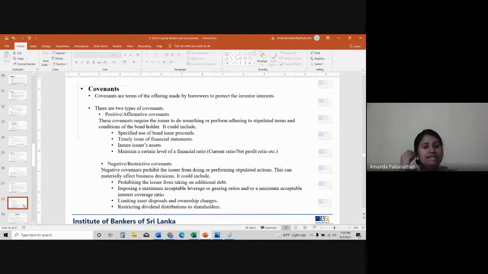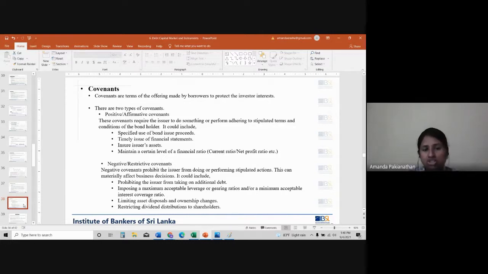But negative or restrictive covenants are available to prohibit or to limit a certain activity. They don't ask the borrowing or the issuing company to do a certain thing. They say, no, don't do this. Don't take additional debt. Don't breach this ratio. Don't sell your assets. Don't sell the company ownership.